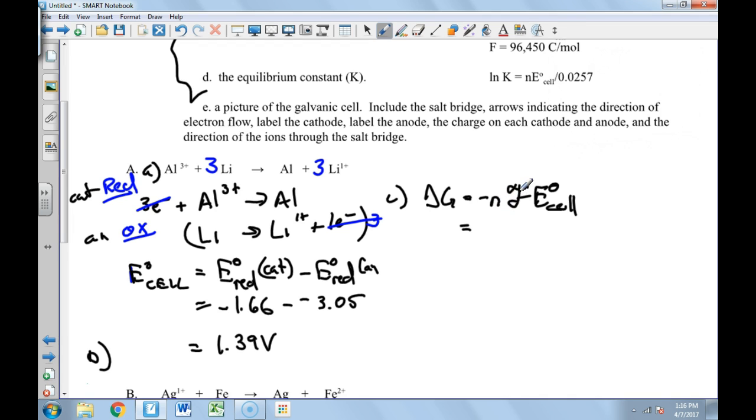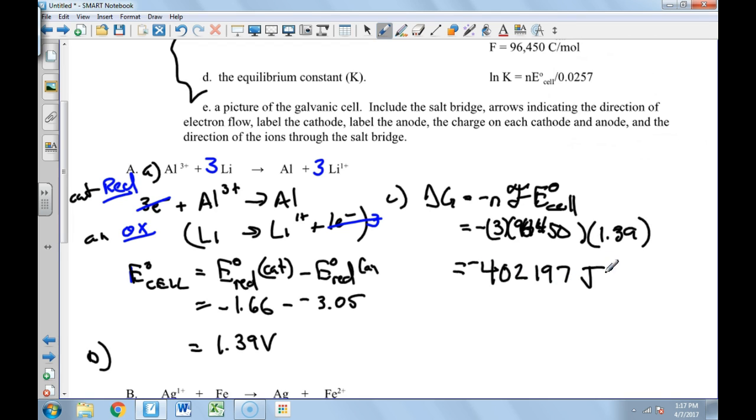F is Faraday's constant, which is given to you right up here. And the cell potential we found in part B. So we figured this out, and this is in joules. I just did the math and plugged it in the calculator, and that is equal to negative 402 kilojoules.